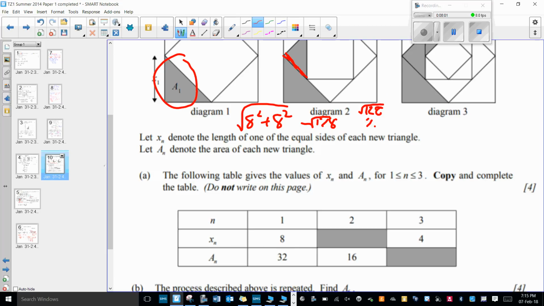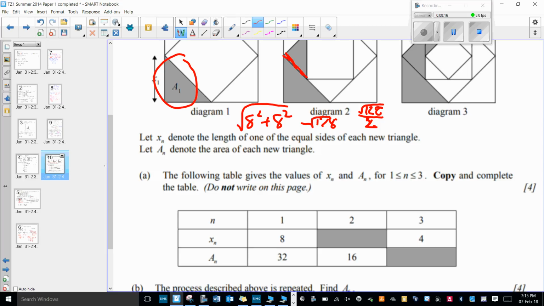Right, this is a surd situation, so we would want to try and simplify this. Basically, we want to try and get rid of that 2 on the bottom. So we say, does 4 go into 128? And luckily it does.